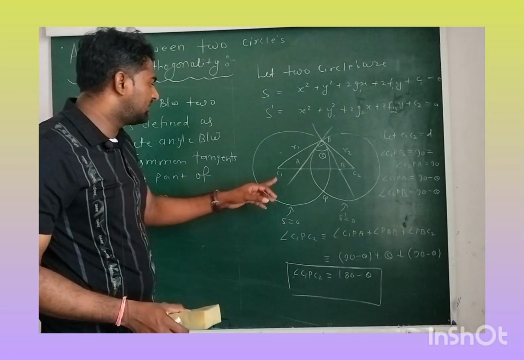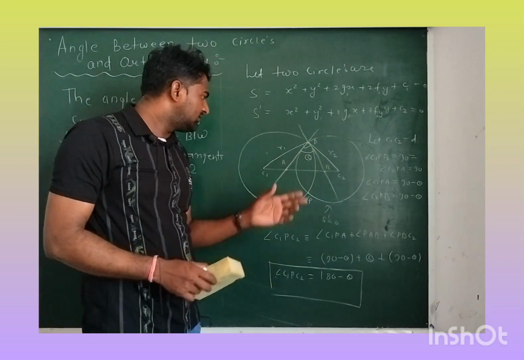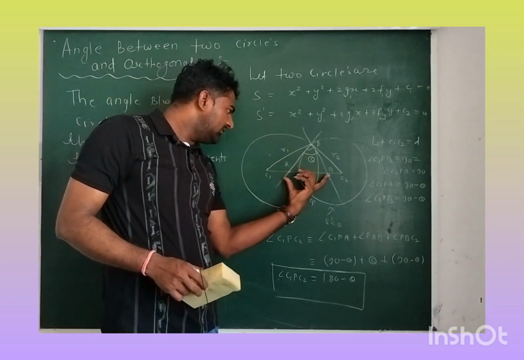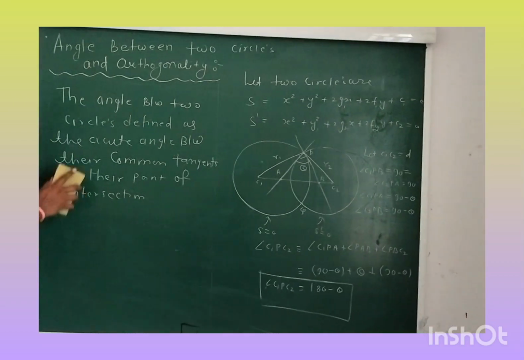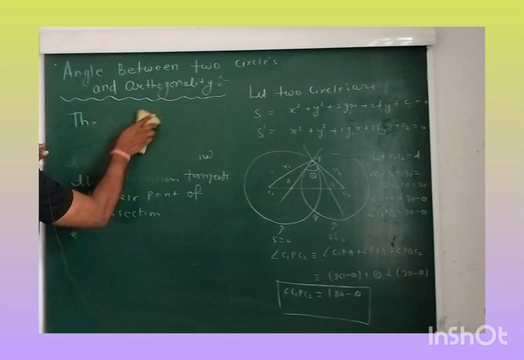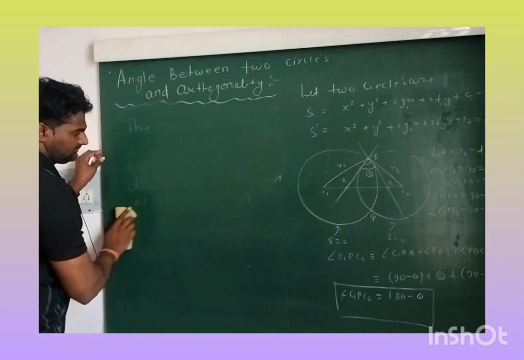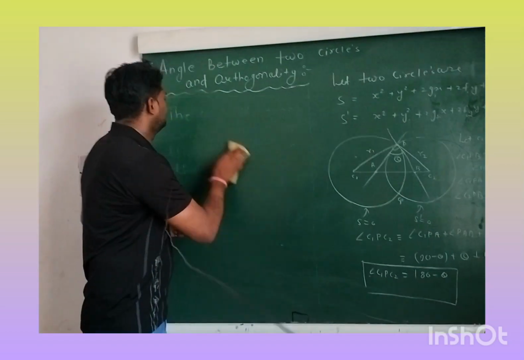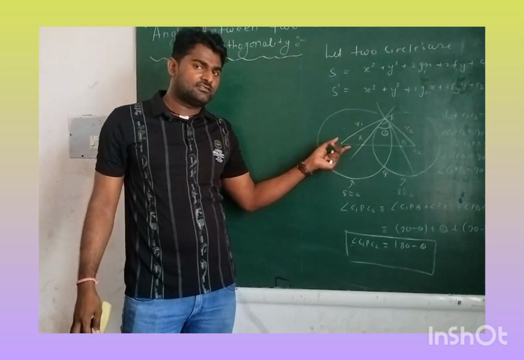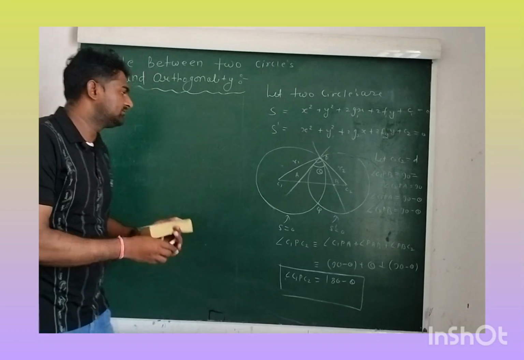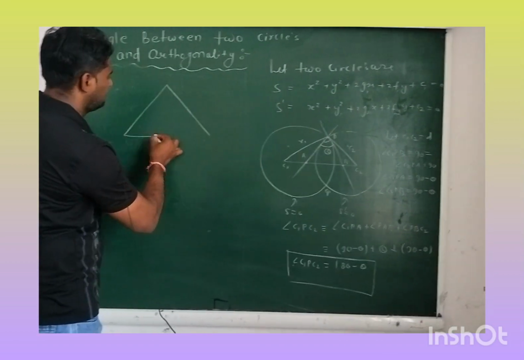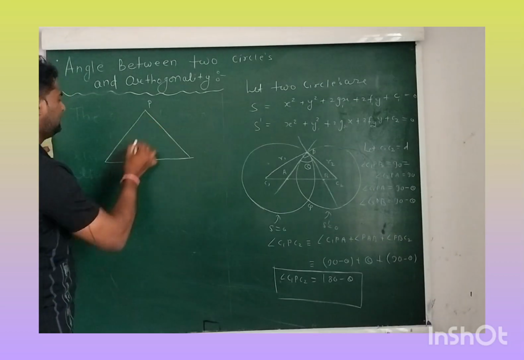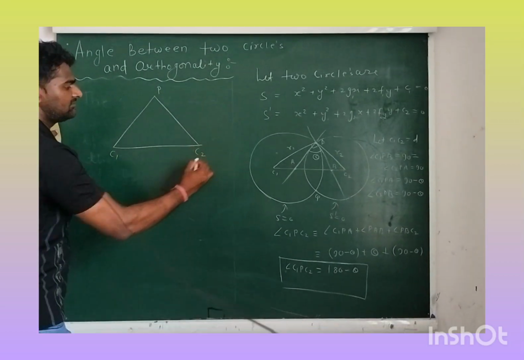Now we see here this triangle C1PC2. So here we know R1, we know R2, we know C1C2. Okay, now see triangle C1PC2. So you can draw the triangle. This is P, this C1 C2.